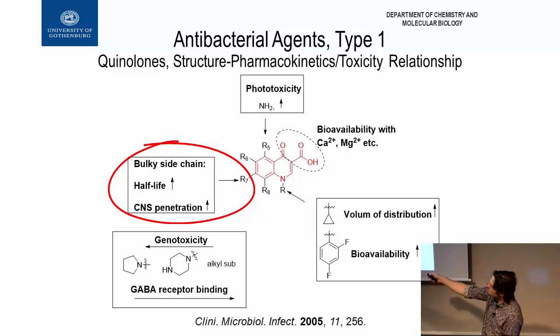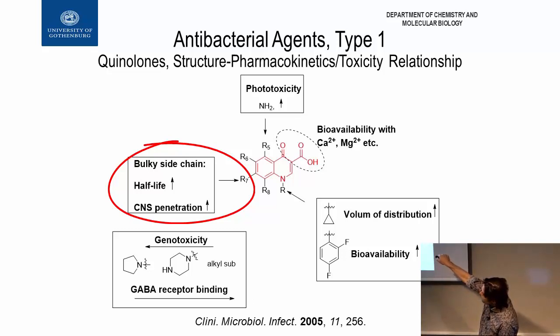If I put a bulky group here, this drug goes all the way into something called CNS, central nervous system. If you have an infection in your hand and take a drug for that, you might not want to have the drug into your brain. But if I make this side chain bulky enough, a side reaction is that it will enter CNS. And that might not be so good.